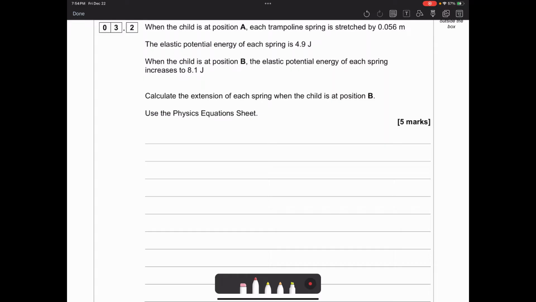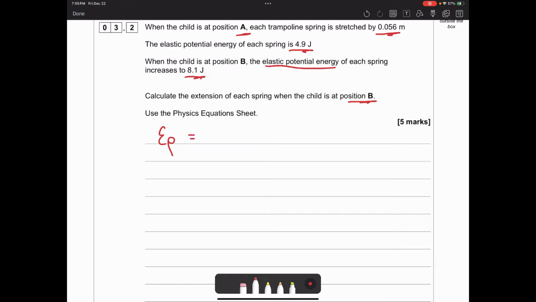It then says, when the child is at position A, the trampoline is stretched by 0.056 metres. The elastic potential energy of the spring is 4.9 joules. When at position B, the elastic potential energy of the spring increases to 8.1 joules. Calculate the extension of the spring when the child is at position B. Use the physics equation sheet. So, you've been given loads of information here, and it's only really referenced elastic potential energy.